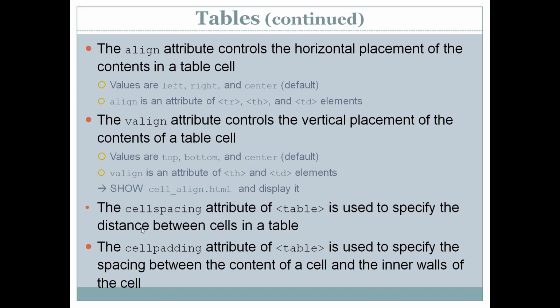Apart from that we have other attributes like cell spacing. This is an attribute of table used to specify the distance between cells in a table. So we have multiple cells in a table and we can increase or decrease the distance between these multiple cells by using cell spacing. I'll show you what is cell spacing.